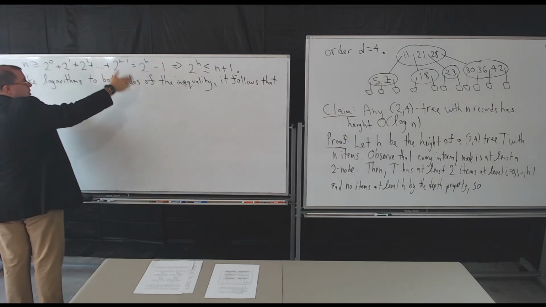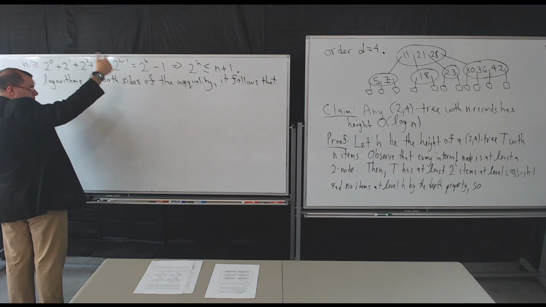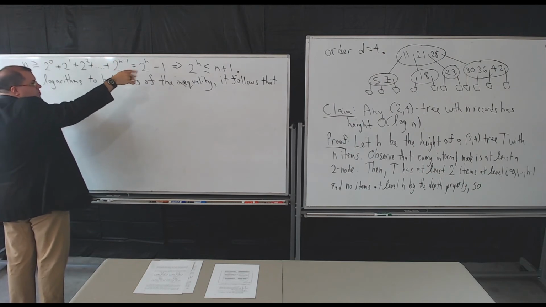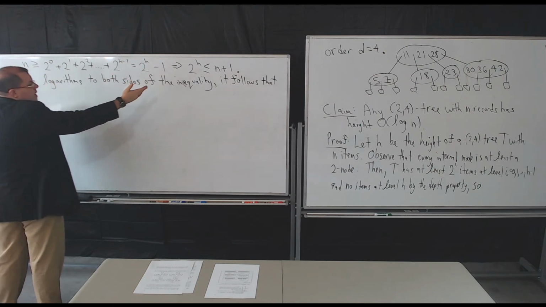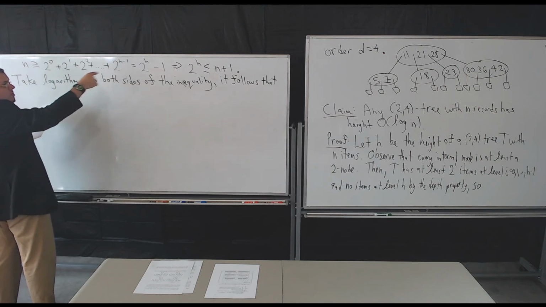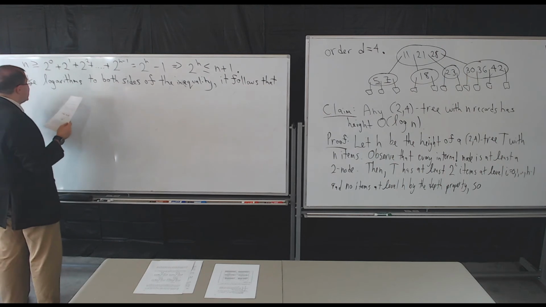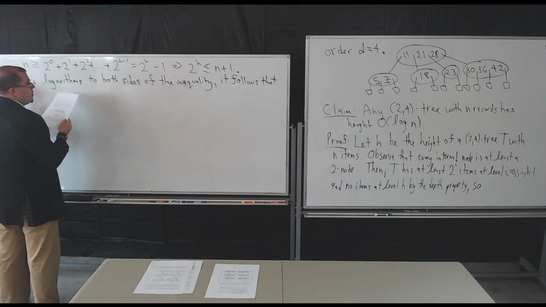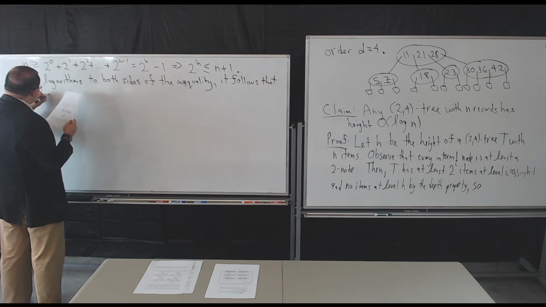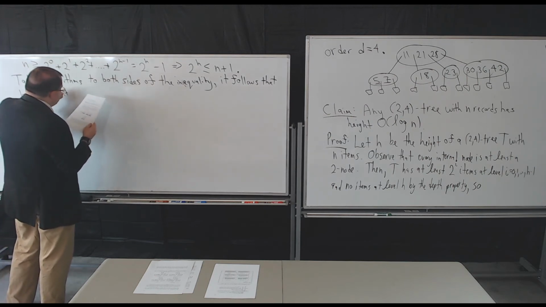Well, I get log base 2 of 2 to the power of h, less than or equal to log base 2 of n plus 1 altogether. I can use the power rule of logarithms to bring the h down in front of the logarithm, and I end up with log base 2 of 2, which is just 1. So I end up with h is less than or equal to log base 2 of n plus 1.